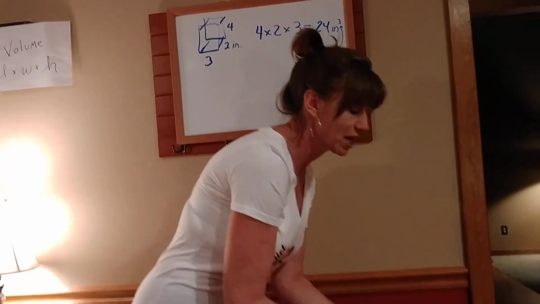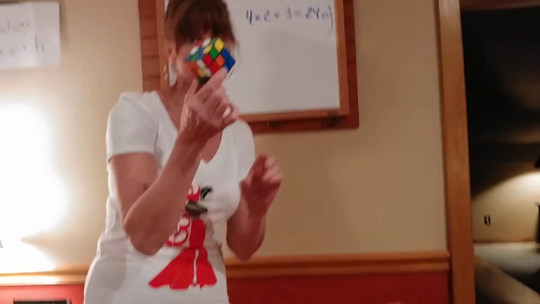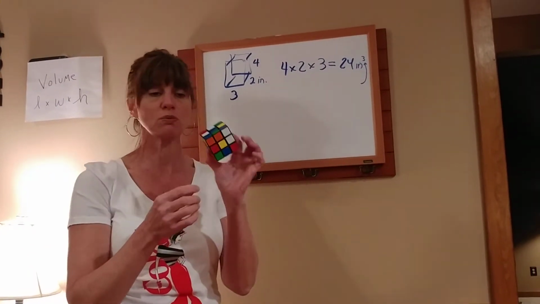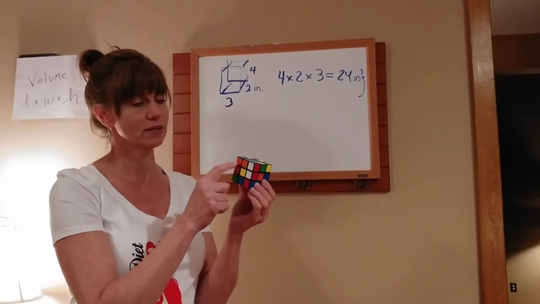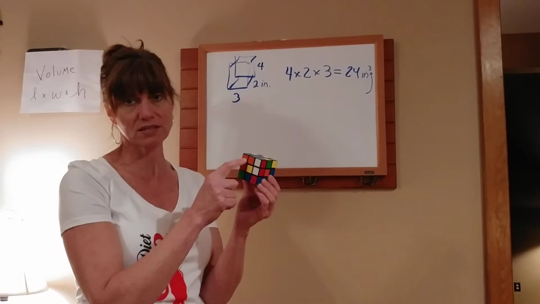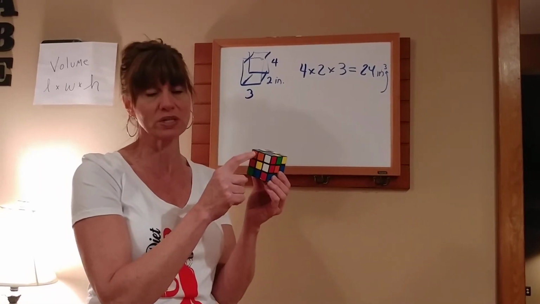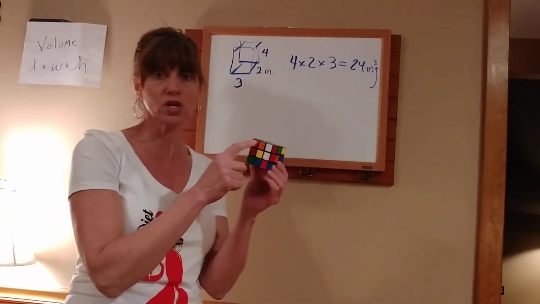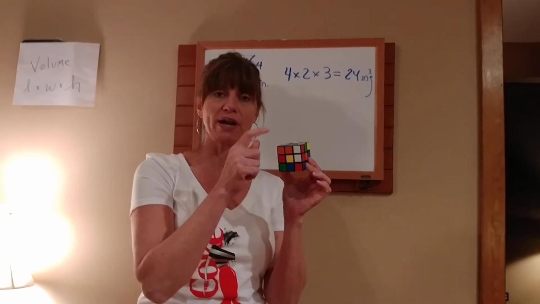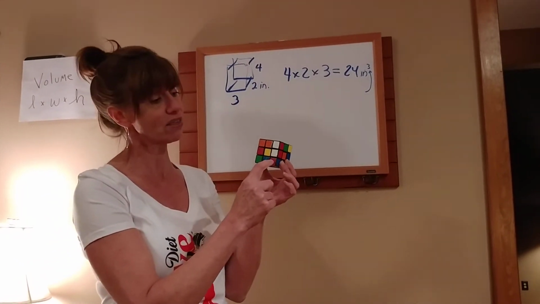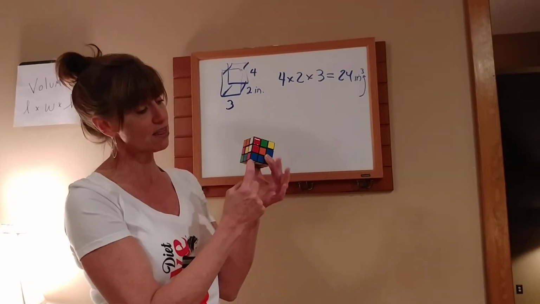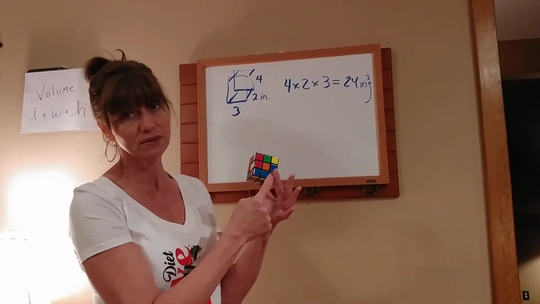The best example that I can think of to show you quickly is the Rubik's Cube. Each Rubik's Cube is made up of 27 blocks. Each block is 1 centimeter by 1 centimeter by 1 centimeter. So in order to figure out how many blocks are in this Rubik's Cube, I would say, well, there's 3 on the length, 3 on the height, and 3 on the width.